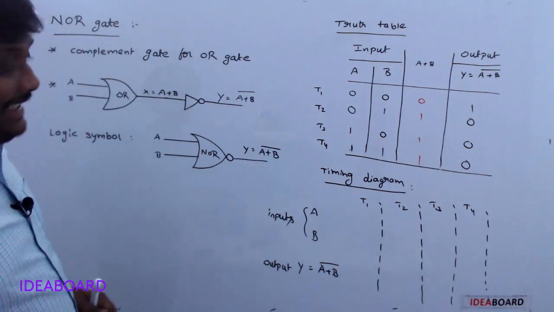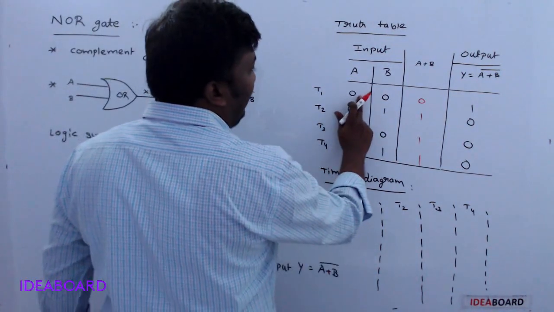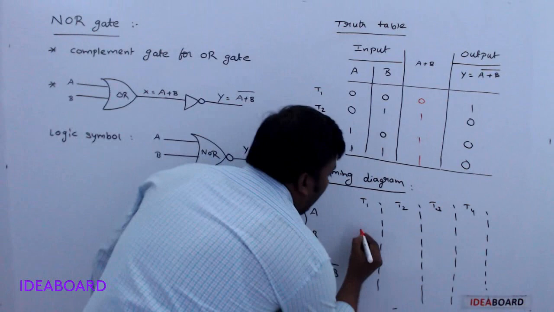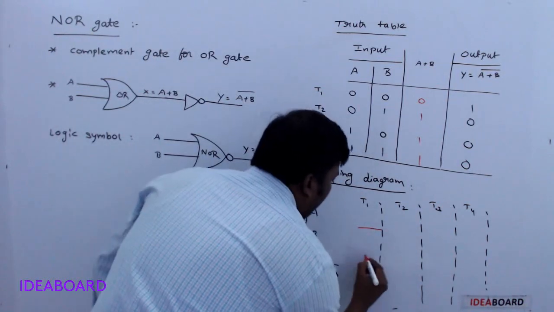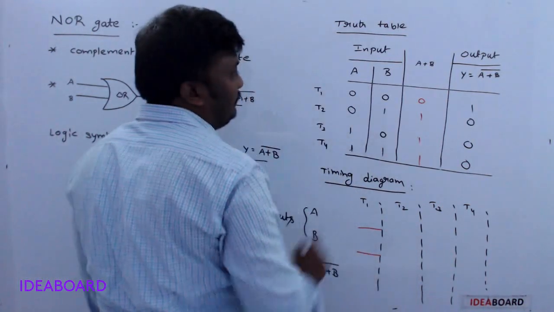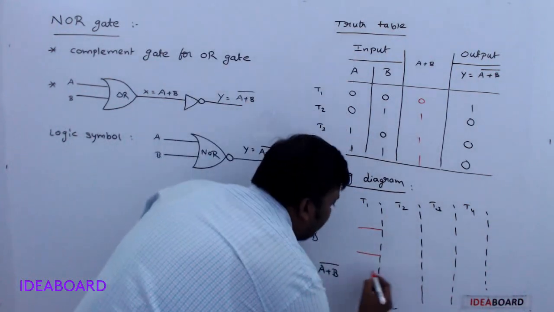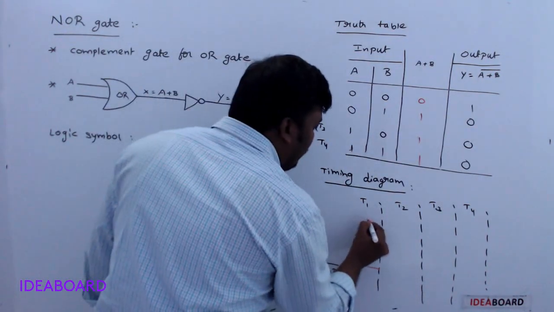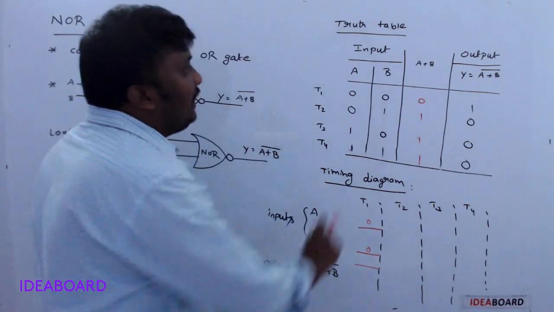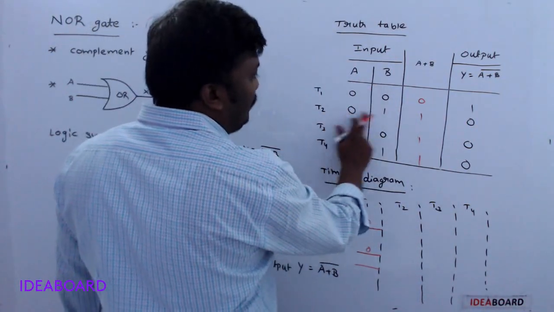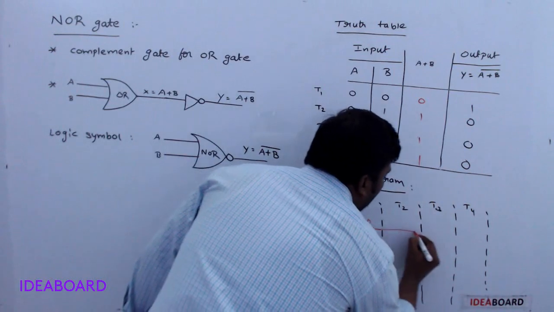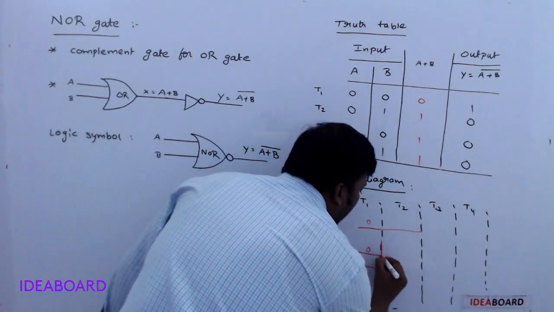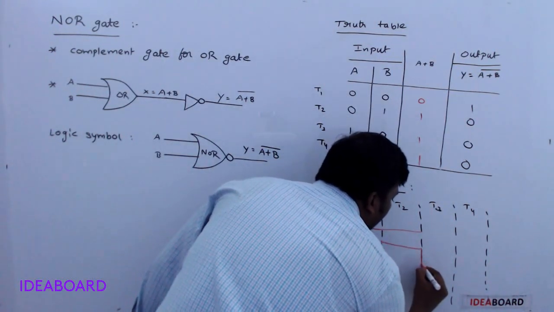Right? Now let us see. First of all, A is 0, B is 0. Output is 1. You got high value. Second one, at time T2, 0, 1. 0 means it is lower value, 1 means it is higher value.